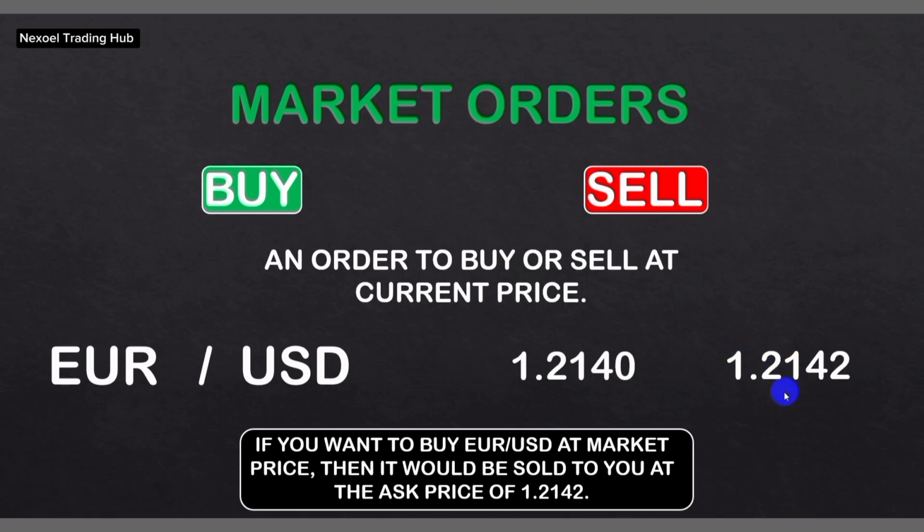Let's consider you're buying. If you want to buy the EUR/USD at this market price, it would be sold to you at 1.2142, the ask price. That is basically the market order. It is an instantly executed order.